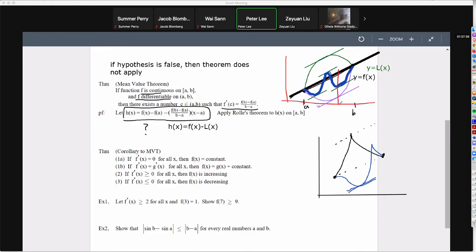If you look at this line here, and this point here, and this point here, actually in this case the blue curve should be up. So this difference right here is h of x. h of x is equal to f of x minus L of x.